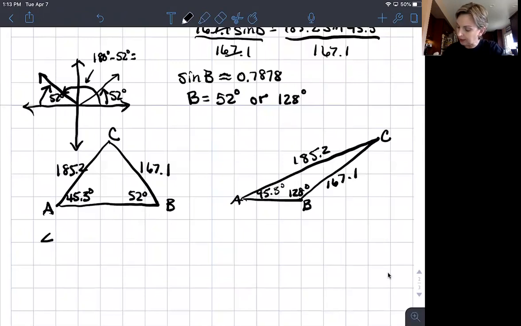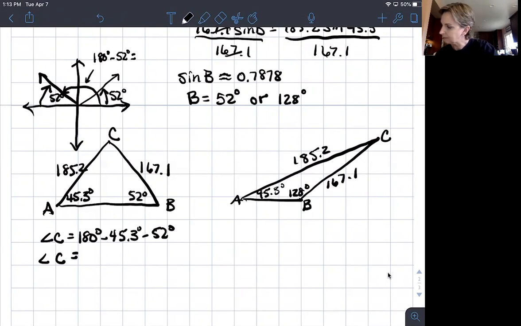So on this one, angle C is going to be 180 degrees minus 45.3 minus 52 degrees, right? So angle C for that first triangle is going to be 82.7 degrees.